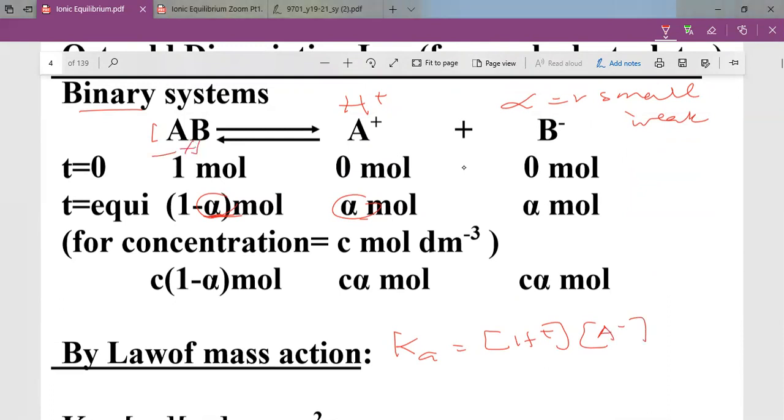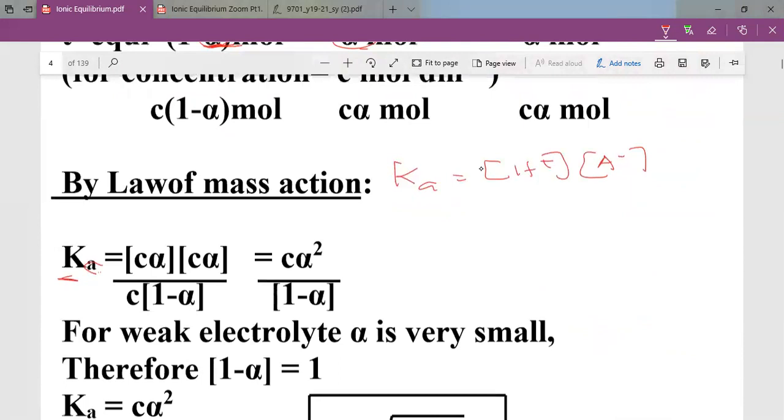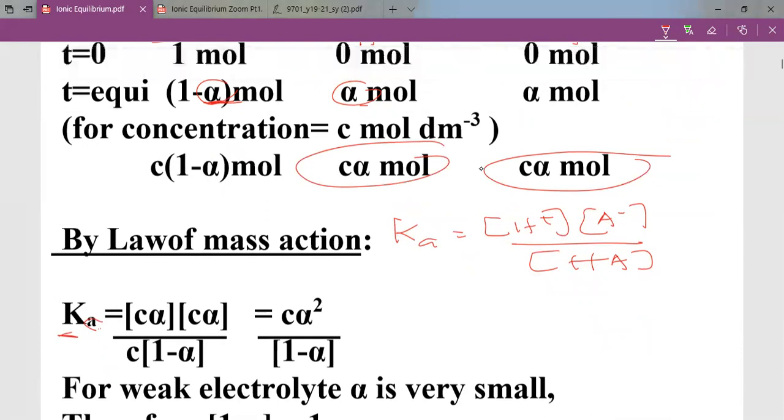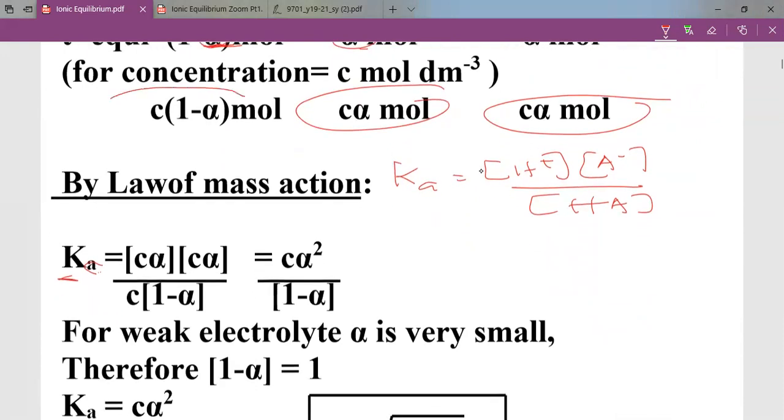If you substitute the values, these two are the same, C alpha, over C times (1 minus alpha).